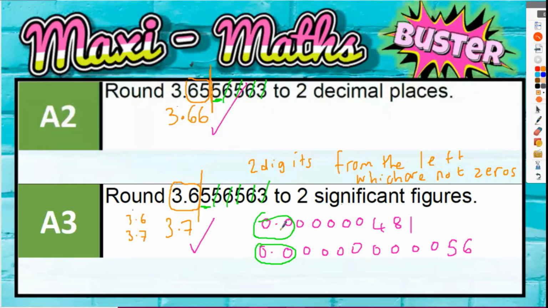And that means everything would always be 0.0 if it's a tiny number and there's a load of zeros. But that's not what you do. That's why you skip past all the zeros to the first 2 digits which are not zeros.